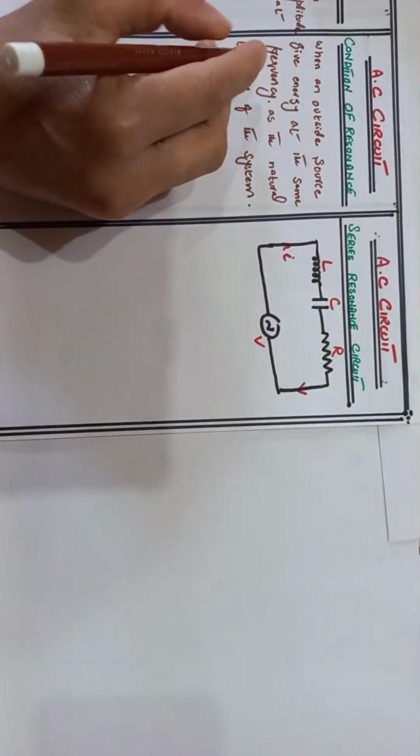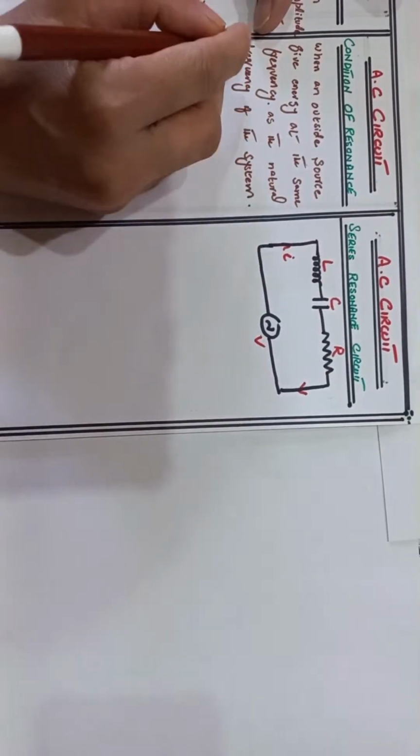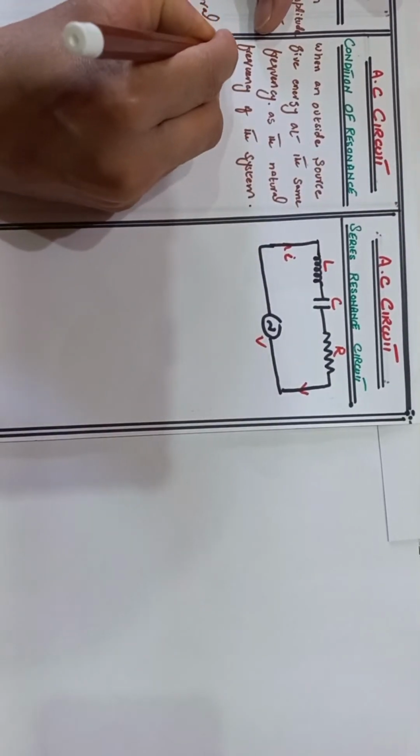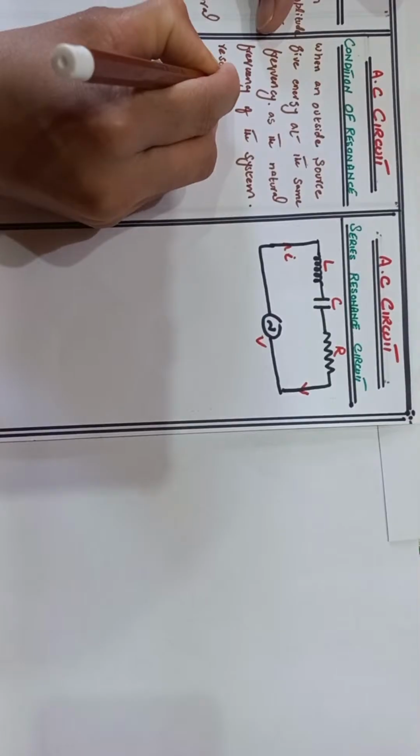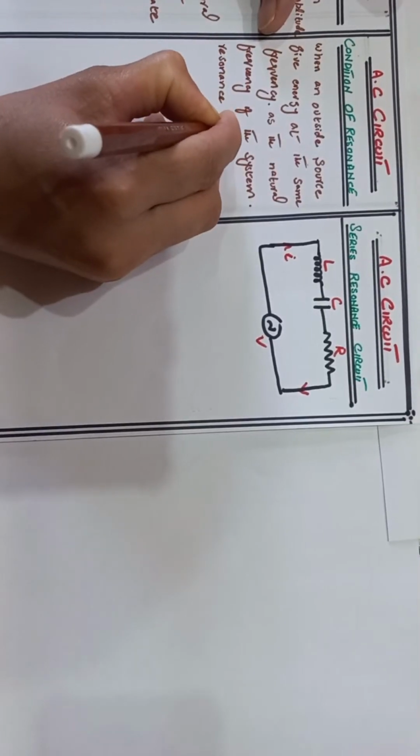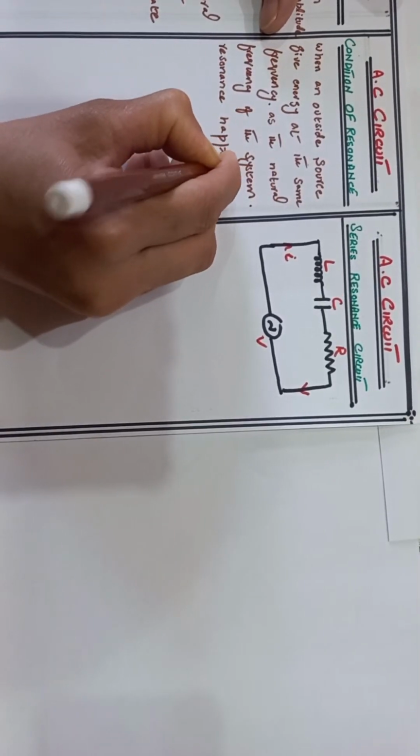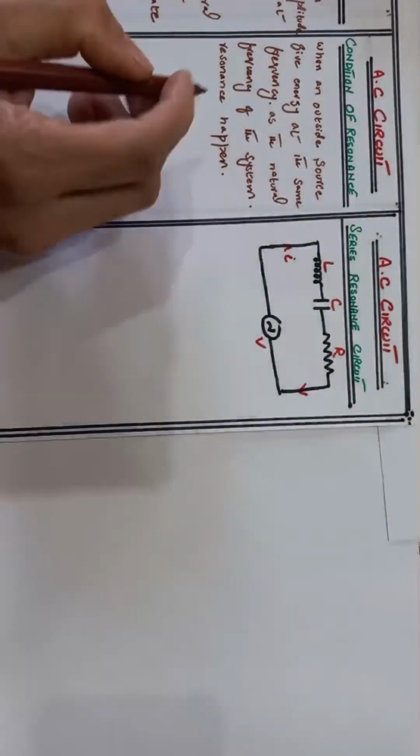When the outside frequency equals the natural frequency of the system, then resonance happens. When resonance happens, the system's oscillation becomes very large.